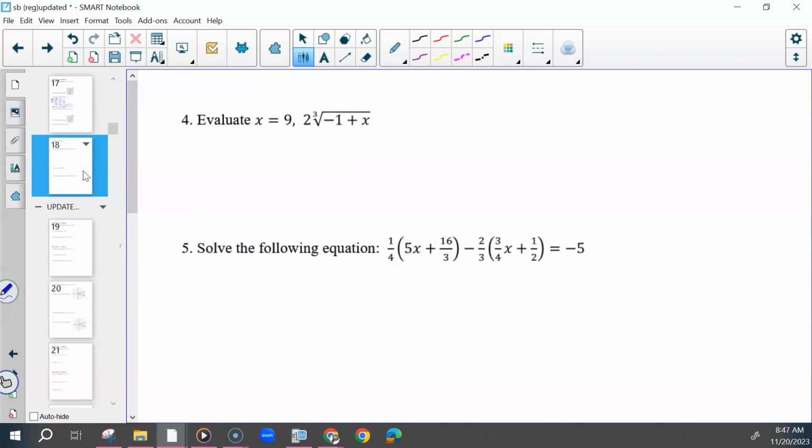Number 4, we need to evaluate. So you're going to put 9 in where the x goes, or where the x was. So 2 times the cube root of negative 1 plus 9. Do what's on the inside first. So negative 1 plus 9 would be 8. Take the cube root of 8.